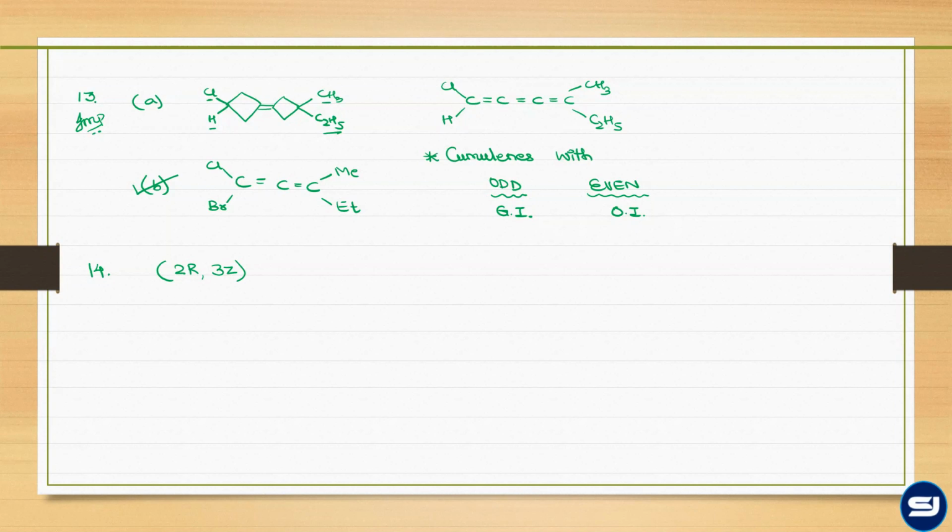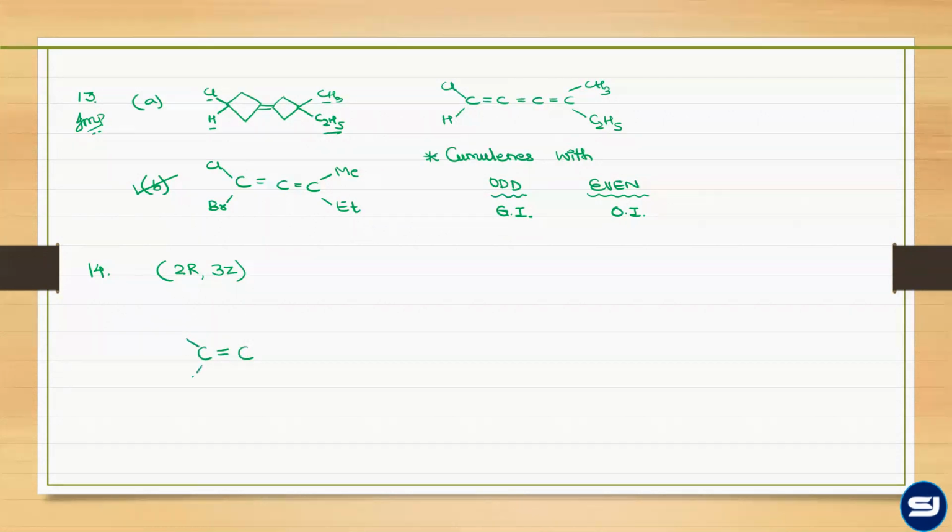R is something which we have to identify by converting the wedge dash into Fischer. We cannot directly tell R and S, but for Z configuration, the two lower priority groups should be on the same side, or the two higher priority groups should be on the same side. So with that concept, can you tell me which options can be ruled out? A and B.